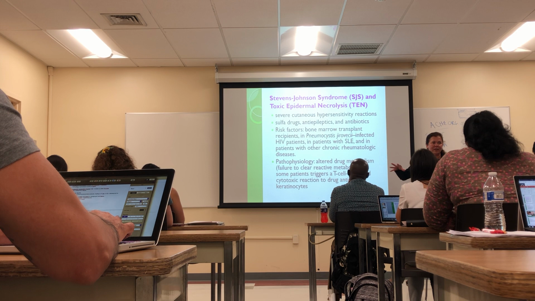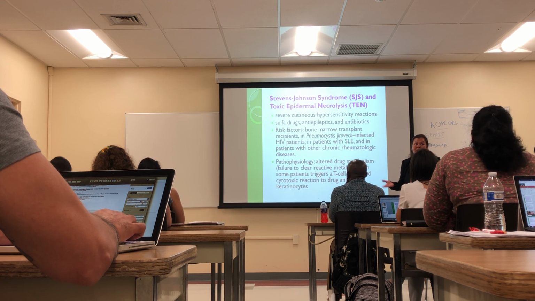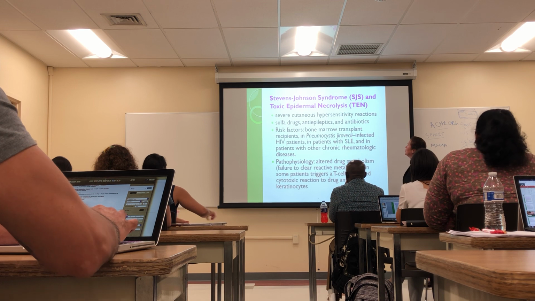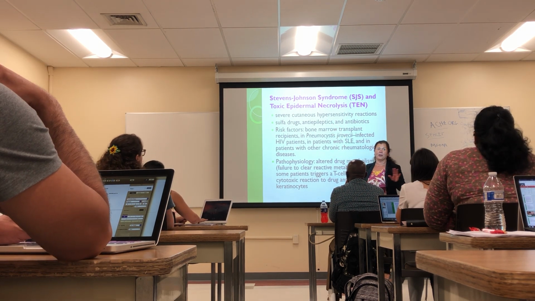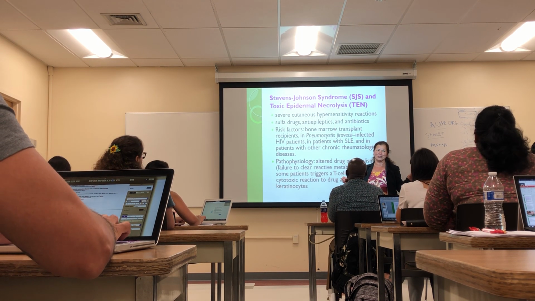You develop blisters, and then the blisters break, and you start to peel off the skin completely, which is the protector, the first barrier of entrance of any type of infection, okay? So antiepileptics can produce it, any antibiotic can produce it, any major cytochrome medication can produce it.